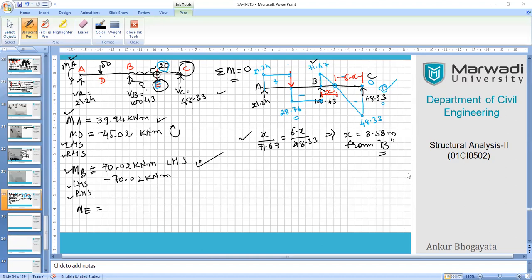See, unless we interact like this, if we raise questions in logical sequences like this, there is no meaning in studying structural analysis. As I give you the solution, the solution is available in the textbook also, but there is no other person who can talk to you, who can ask you doubts, who can interact with you, like this.